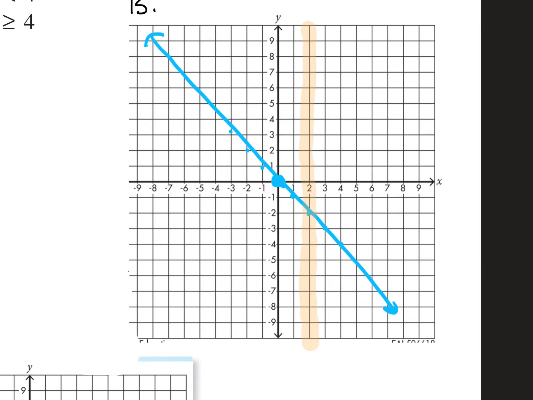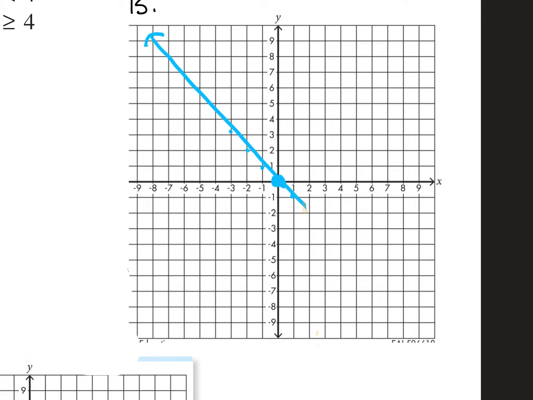X values less than 2 would be like 1, 0, negative 1. These values over here. So that means I erase everything to the right of 2. So my line starts at 2 and I erase everything to the right. So I'll erase this line that I also drew here to help us see it.